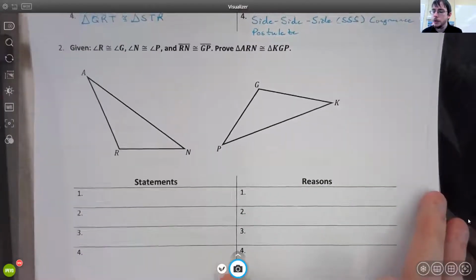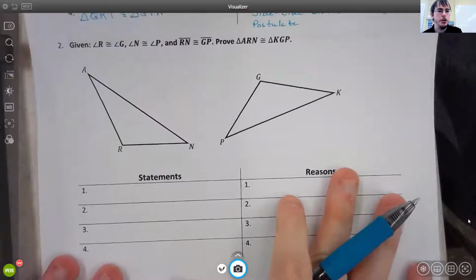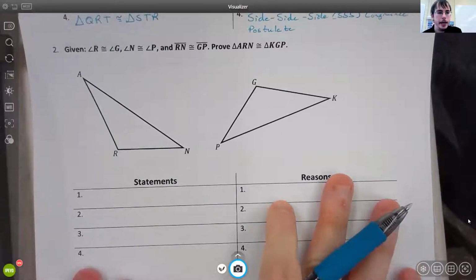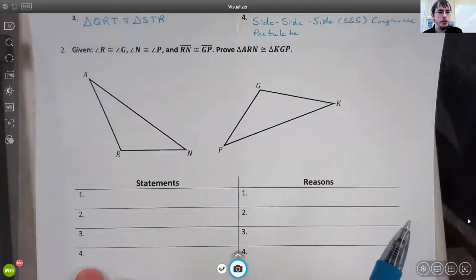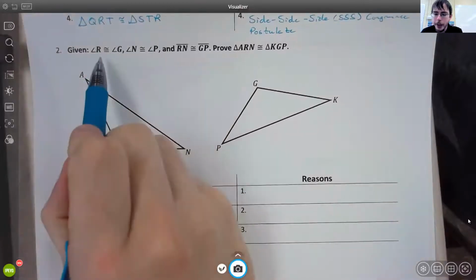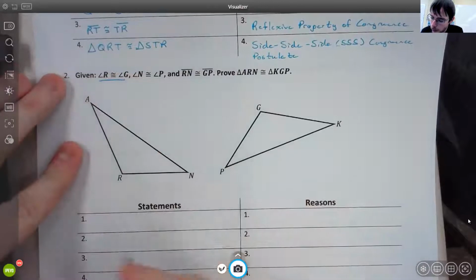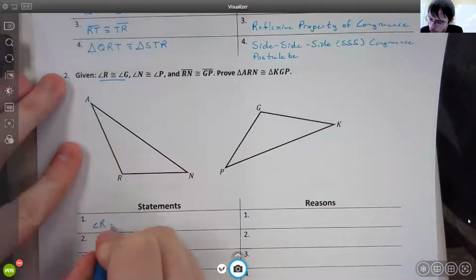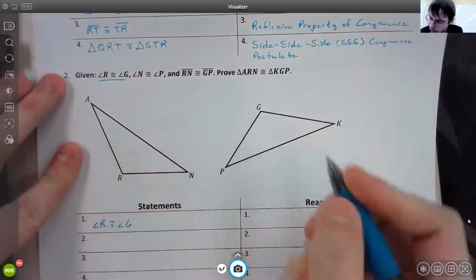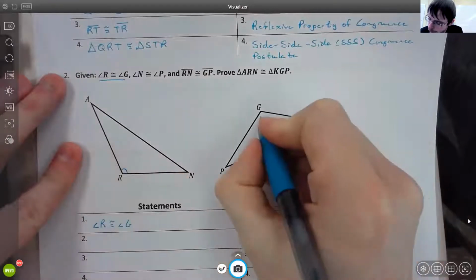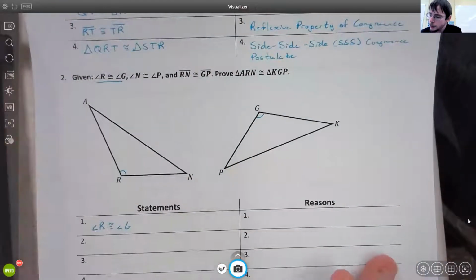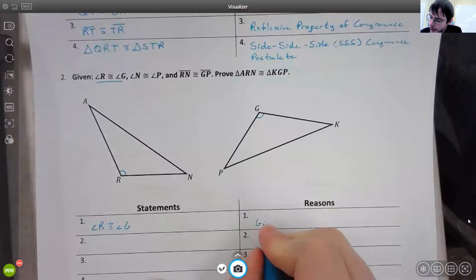All right, so again, our first step is going to be looking at what is given in the problems. So if we look here, we're given that angle R is congruent to angle G. We're going to go ahead and write that in and mark it on our diagram here. And our reason for that is given.